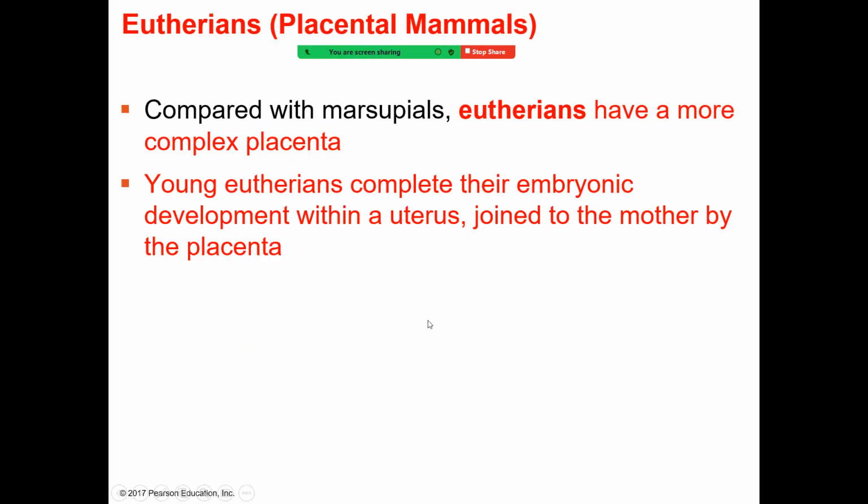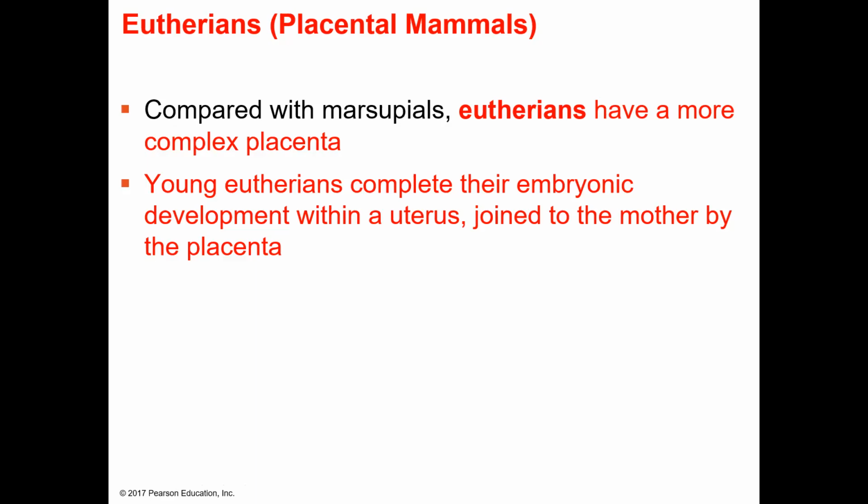And then the last one is placental mammals. So this again is the group that we fall in. We are described as eutherians. Eutherians are different than marsupials because there is a more complex placenta that's in place, and the offspring spend a longer period of time within the uterus, and the placenta is able to provide that nourishment for longer periods of time.